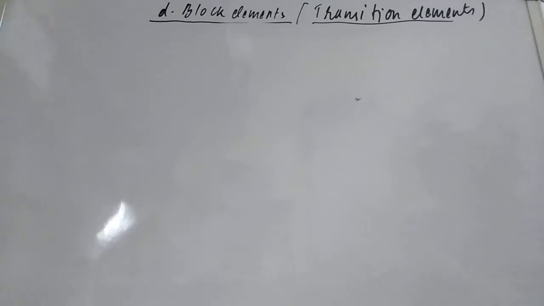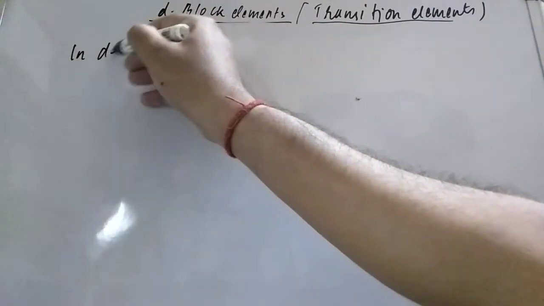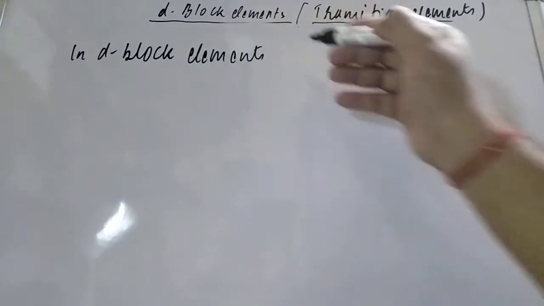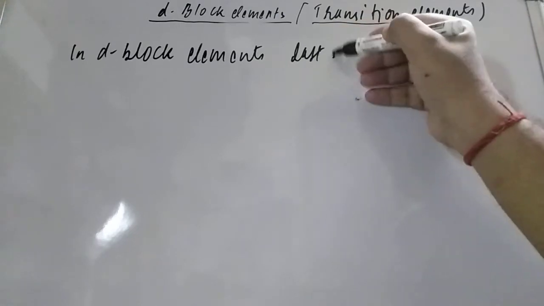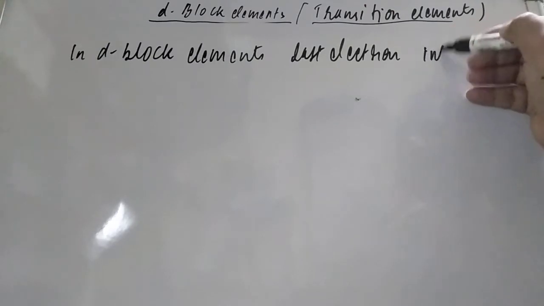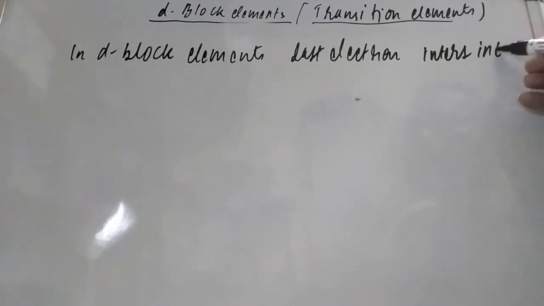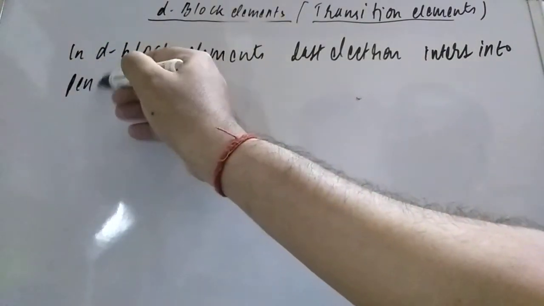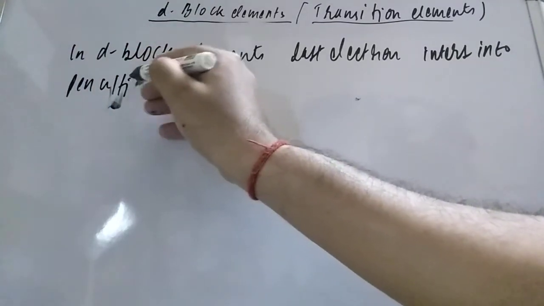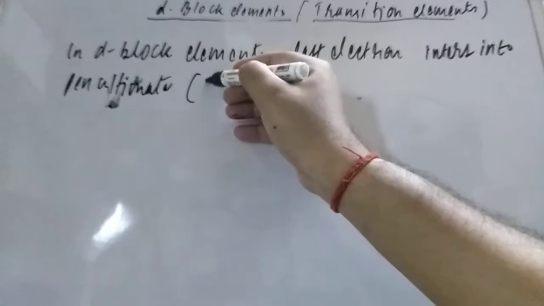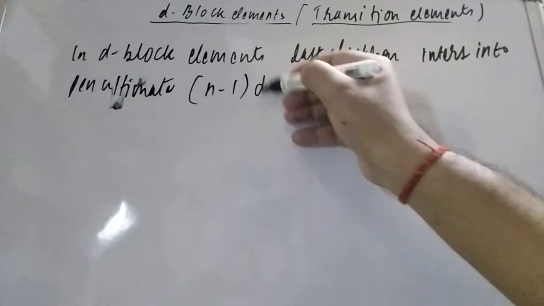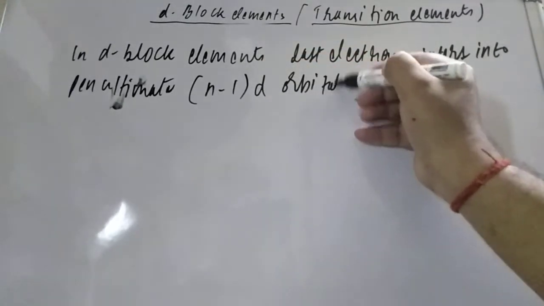What is the meaning of penultimate shell? Penultimate shell means n minus 1, that is the shell before the last shell, the n minus 1 d orbital.